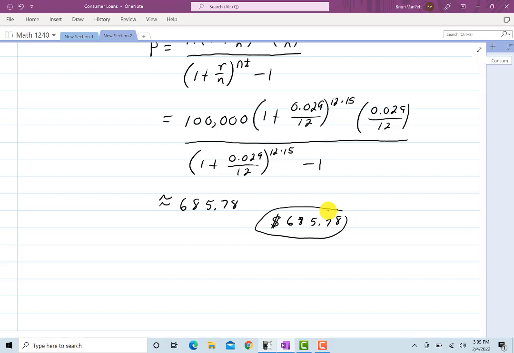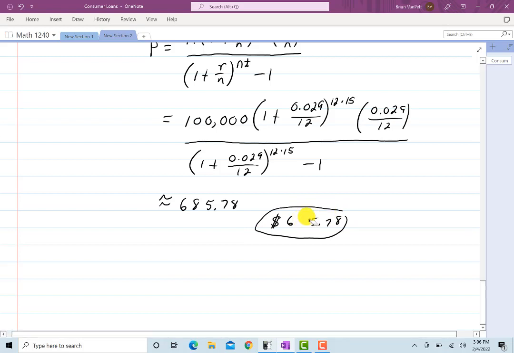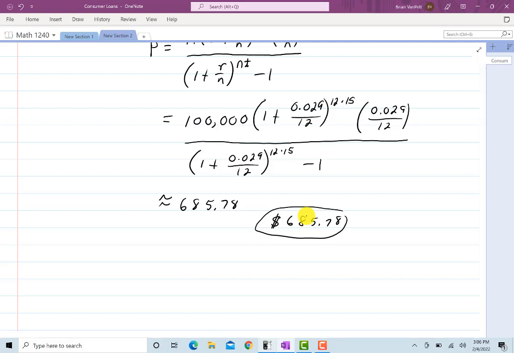This is something I want you to notice before I go on. Notice that the amount that you're paying is not double. Even though you're paying it off in half the time, your payments are not double. That's all tied into compounding, and its behavior is logarithmic, which means it doesn't operate the way that you're used to things operating.